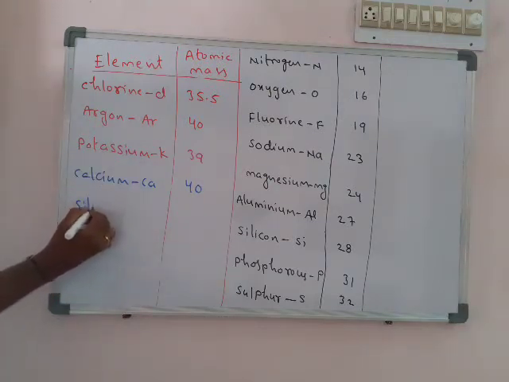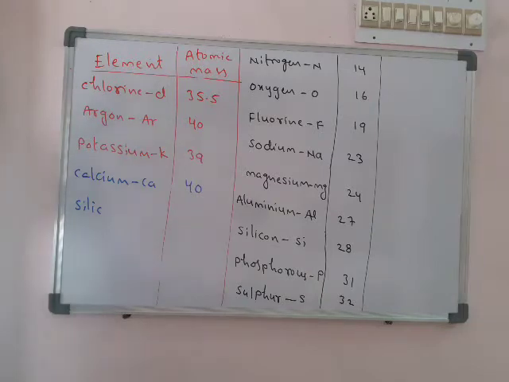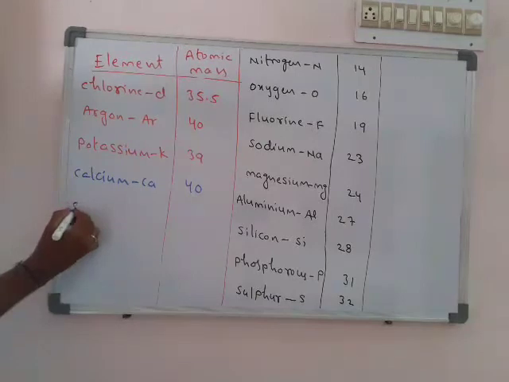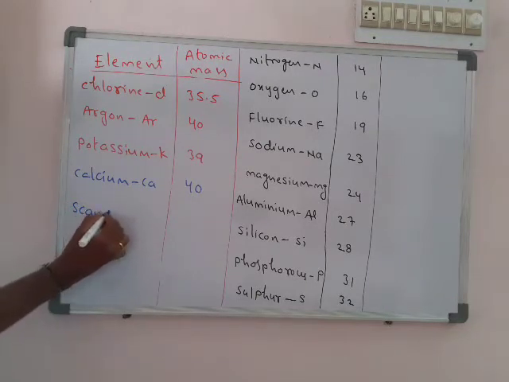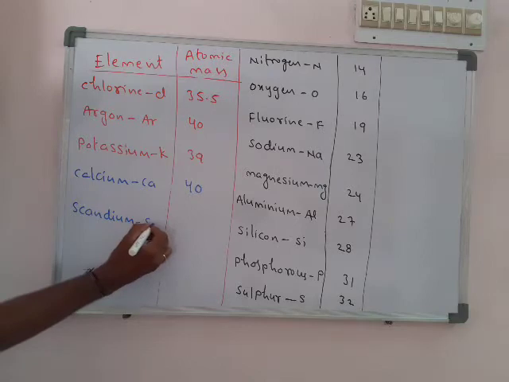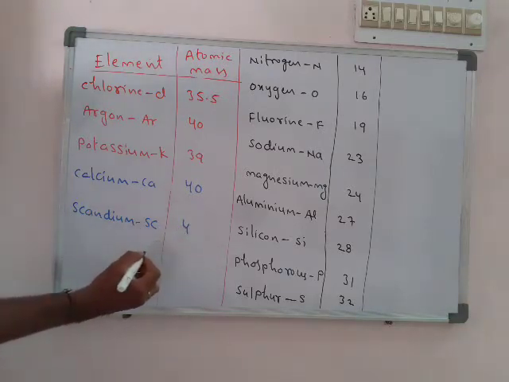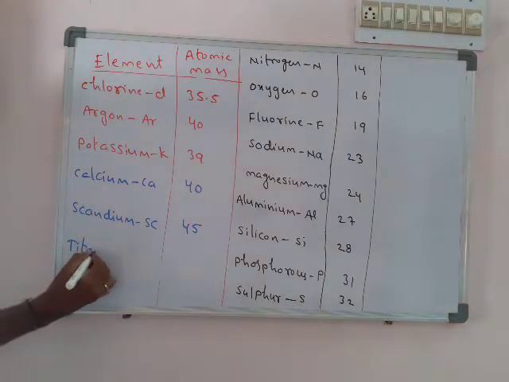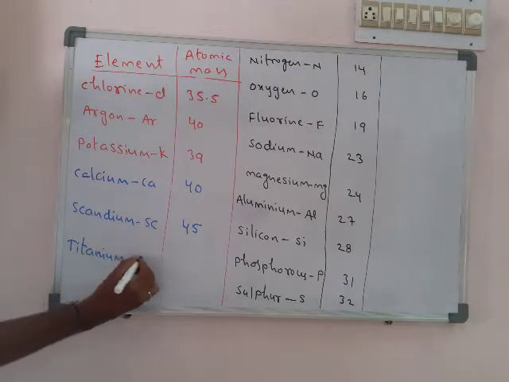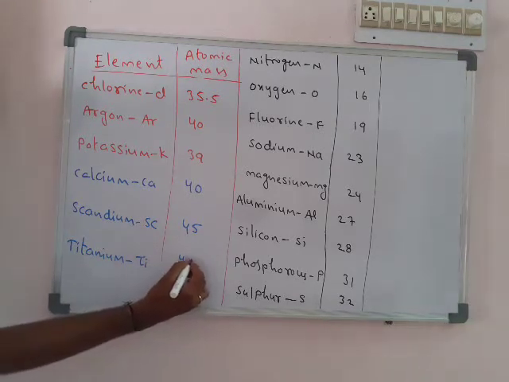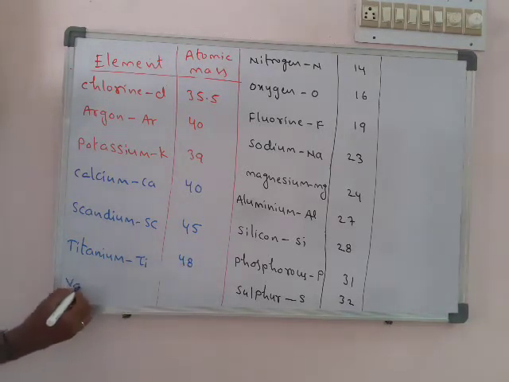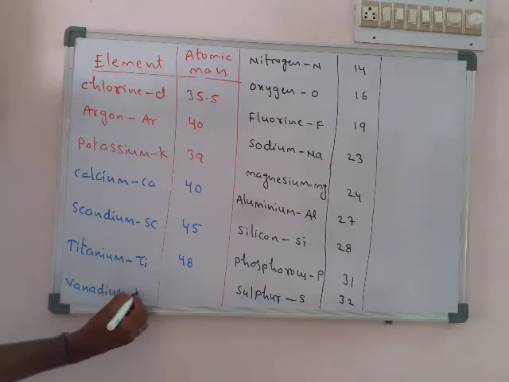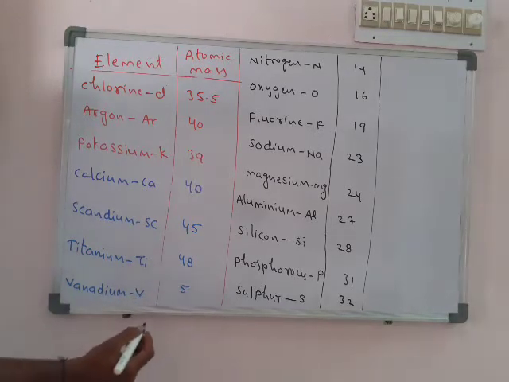So next, after calcium is scandium. Scandium is approximately 45. So titanium, 48. Next vanadium, V, 51.